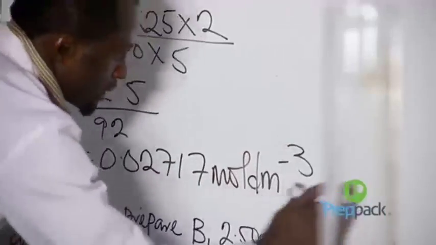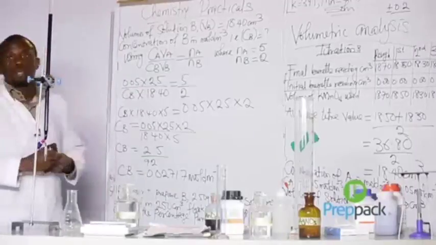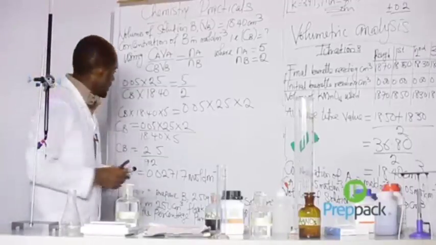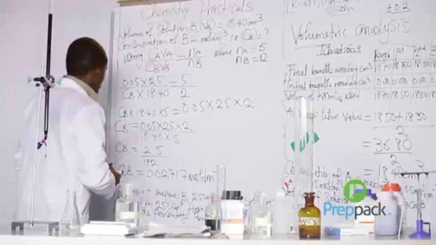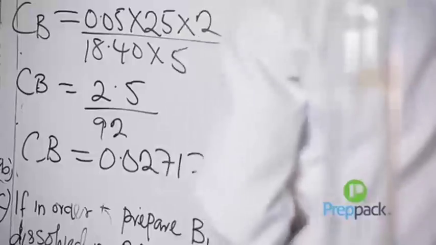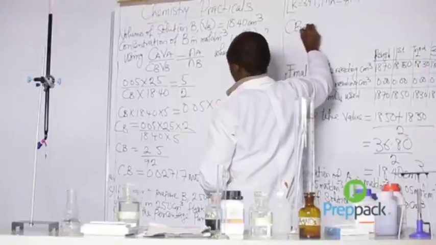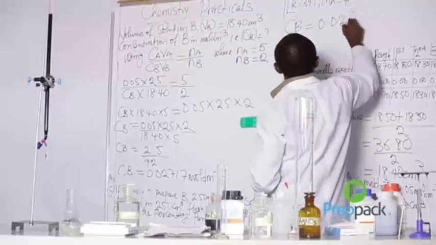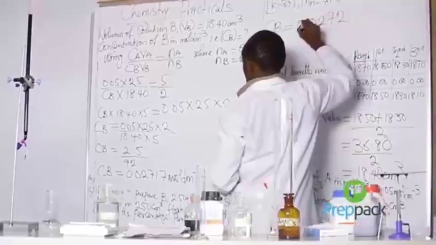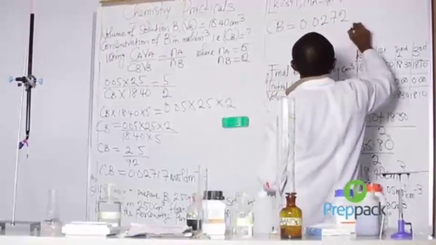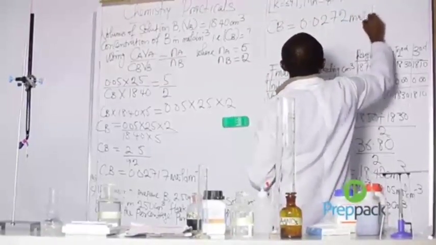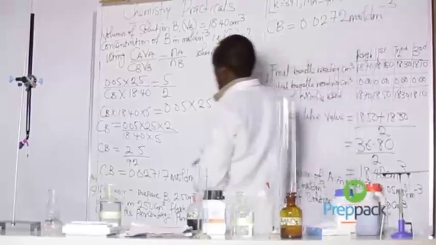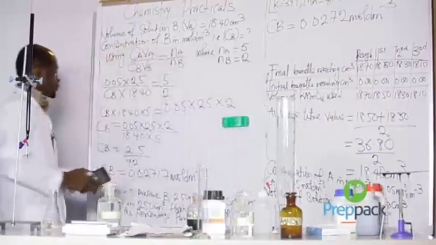Now the standard is that concentration in mole per dm cube must be in 3 significant figures. So the final answer becomes Cb equals 0.0272 mole per dm cube, which is the concentration of B in mole per dm cube.